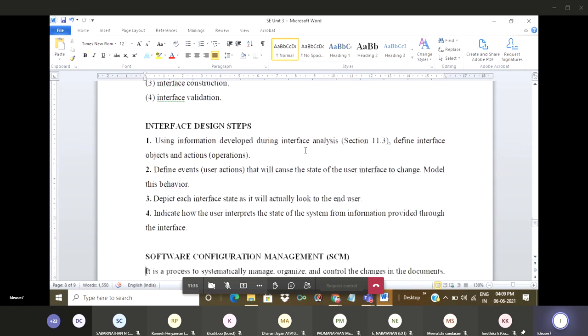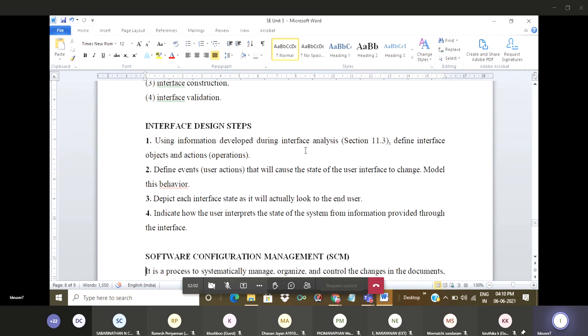So what are the steps included in interface design? First, using information developed during interface analysis, define the interface objects and actions. Second step is to define events that will cause the state of the user interface to change and model this behavior.